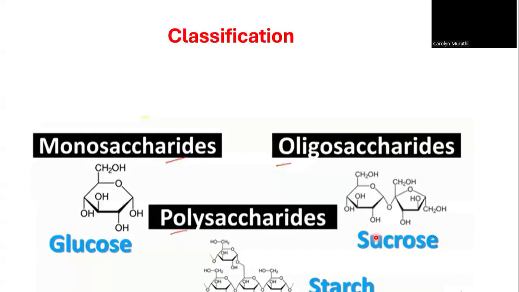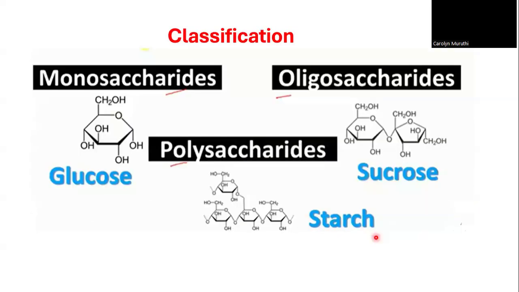When it comes to classification, carbohydrates can be classified into 3 major groups. We have monosaccharides, including glucose, and this consists of a single polyhydroxyl aldose or ketose unit. Oligosaccharides, on the other hand, consist of short chains of monosaccharides joined by glycosidic bonds, and here we're talking about 2 to 20 monosaccharide units.